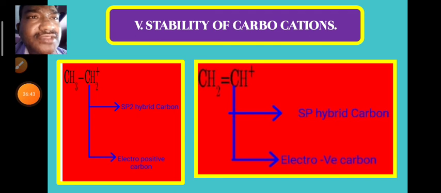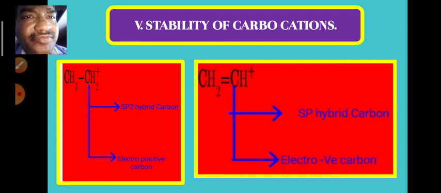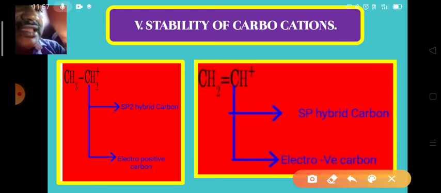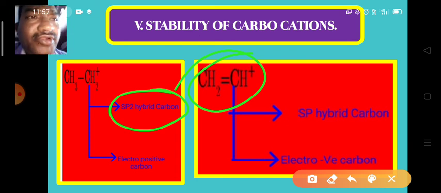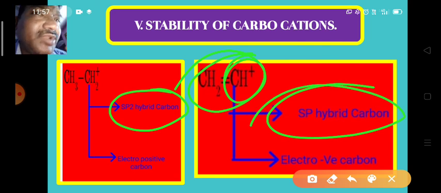Now we go for the stability of alkyl and vinyl carbocations. Here for the alkyl carbocation, we take the ethyl carbocation as the example. In ethyl carbocation, the carbon which is bearing the positive charge is sp2 hybridized, and in vinyl carbocation, the carbon which is having positive charge is sp hybridized.